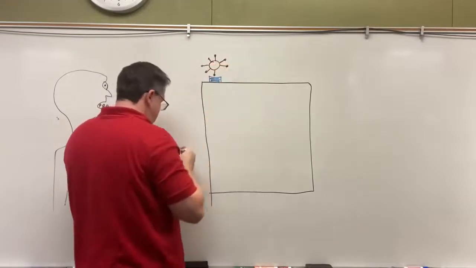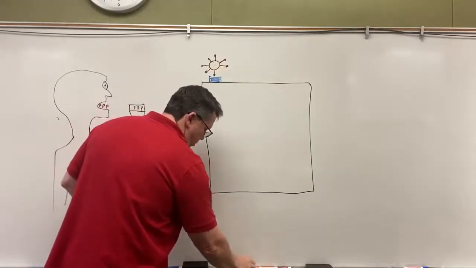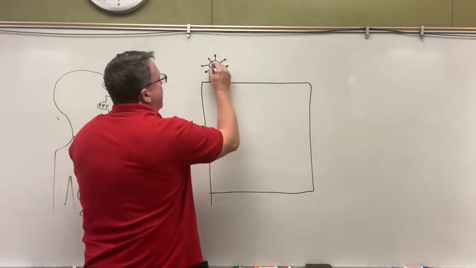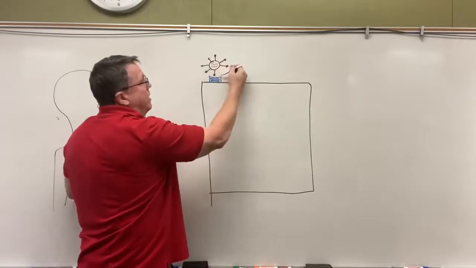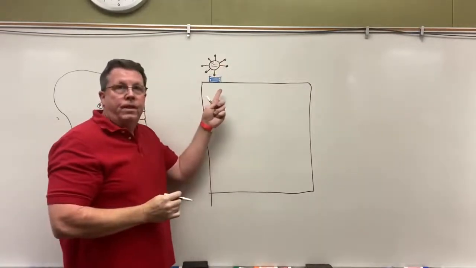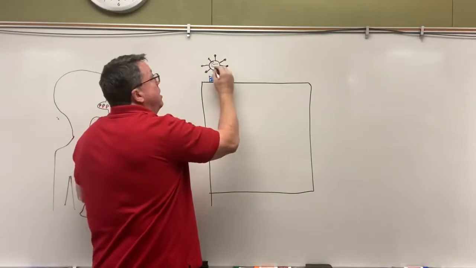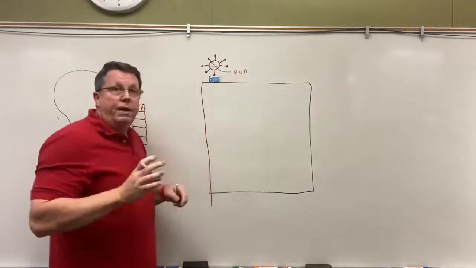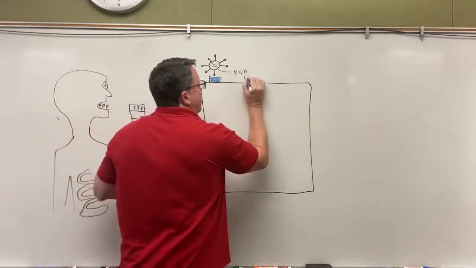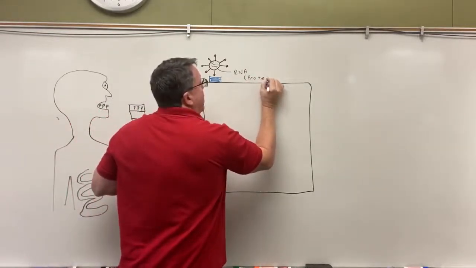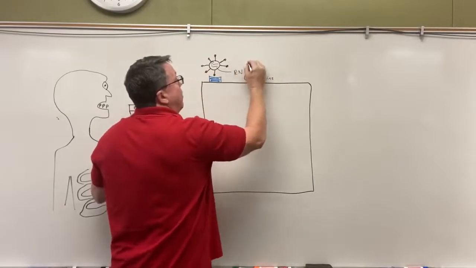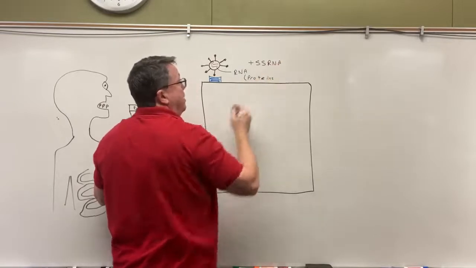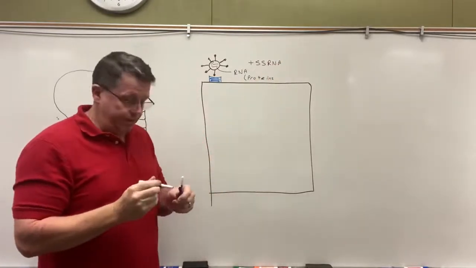So for the most part, what's going to happen is the virus is going to attach to the receptor here. Okay, it's going to attach to that receptor. Inside of here, we have something called RNA, which is used to make proteins. So this is going to be used to make proteins. Polio is what we call a positive single-strand RNA, and I'm going to explain what that is in a minute. It's a single-strand RNA virus.